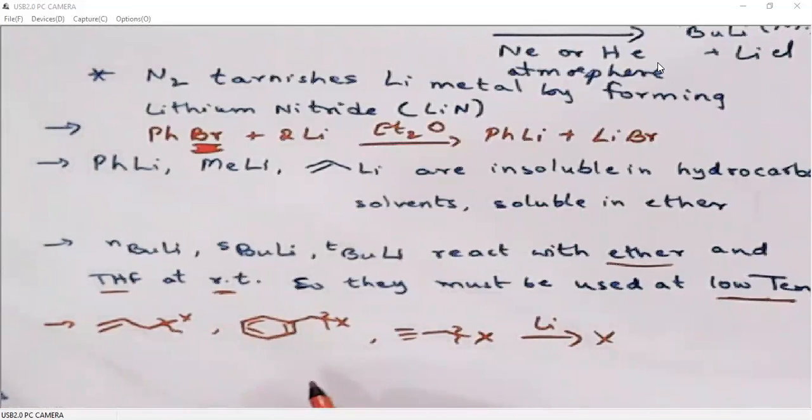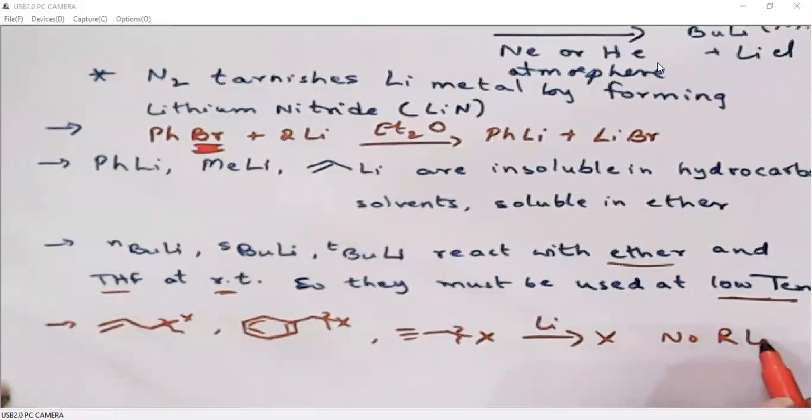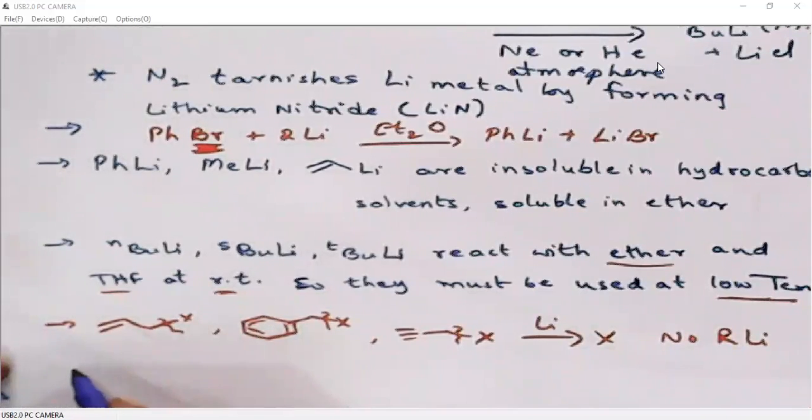So we cannot get allyl lithium, benzyl lithium, and propargyl lithium. No alkyl lithium reagents will be generated here. Why can't we generate them? Because there are some side reactions.